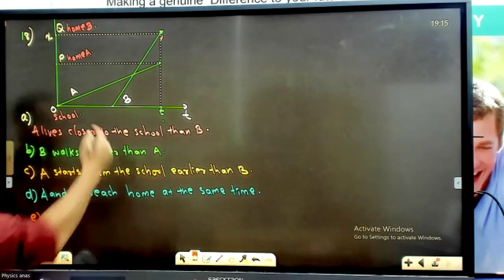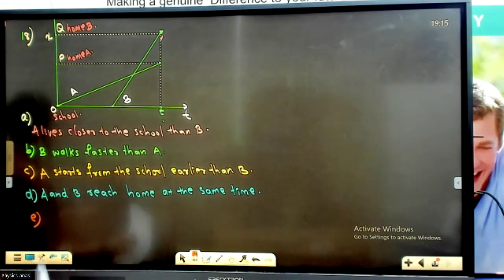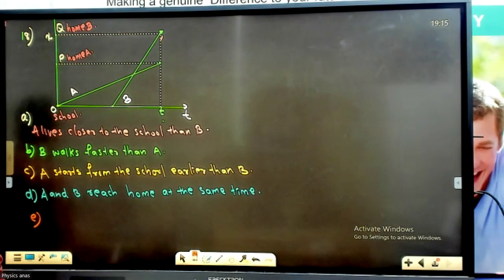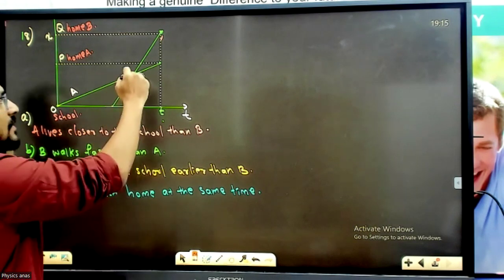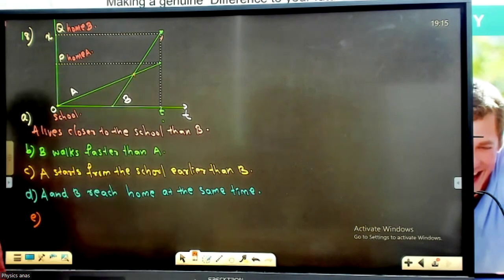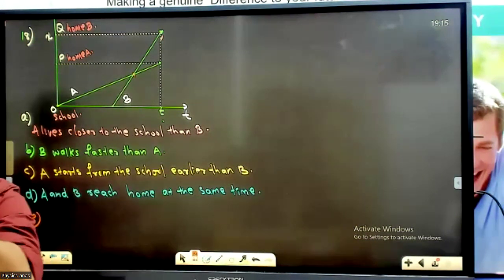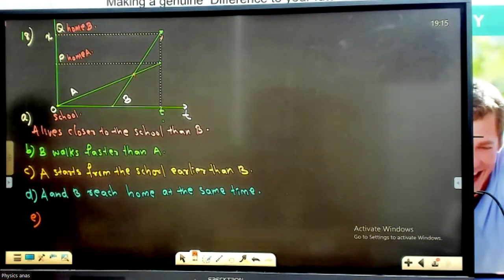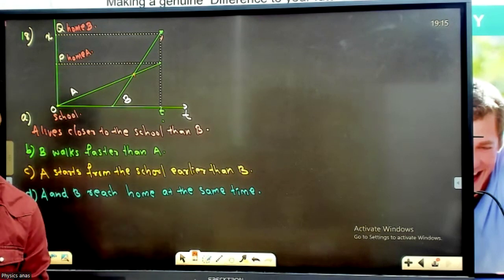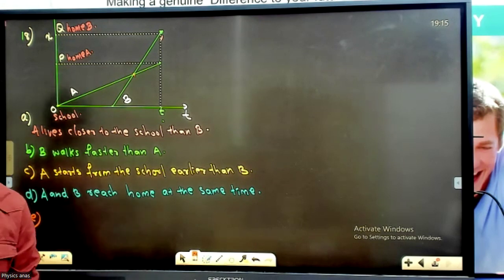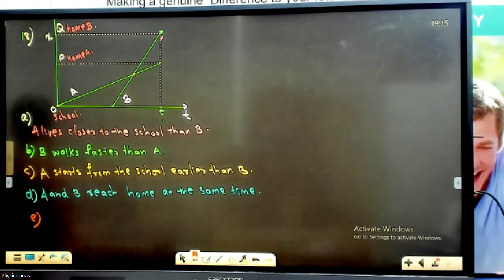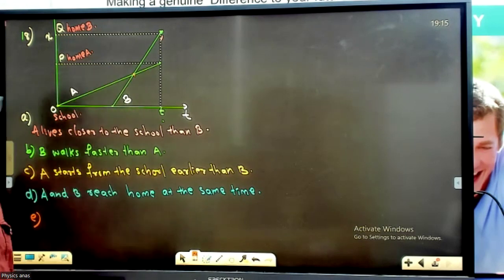B is overtaking A only once. This is the intersection point, showing B overtaking A.